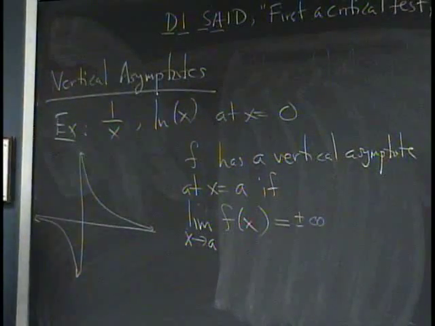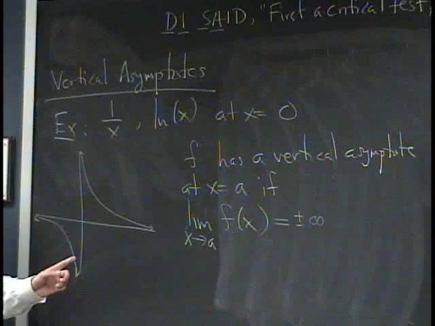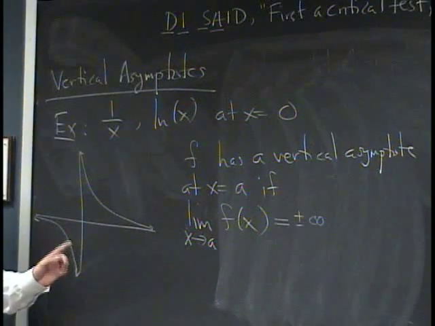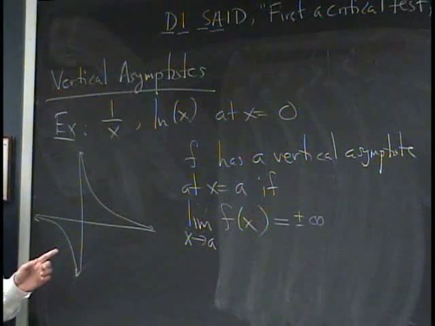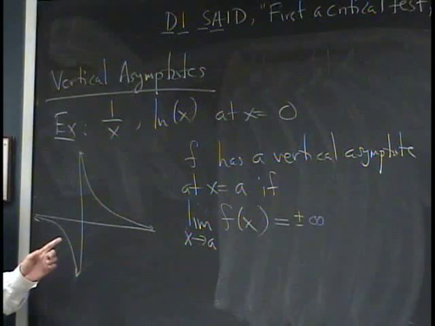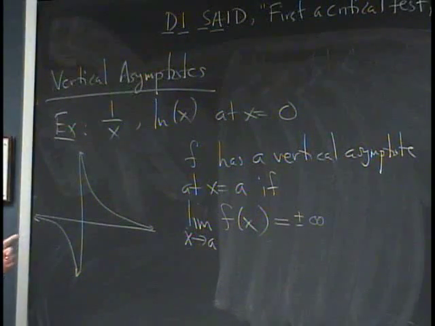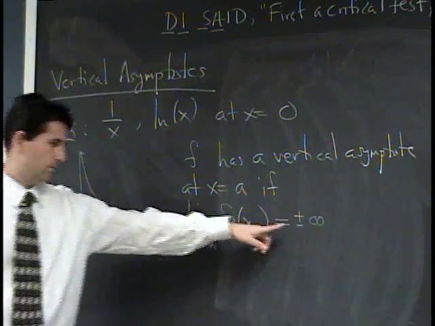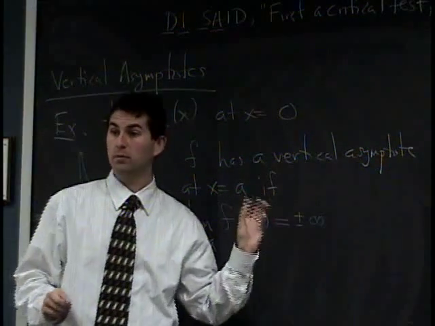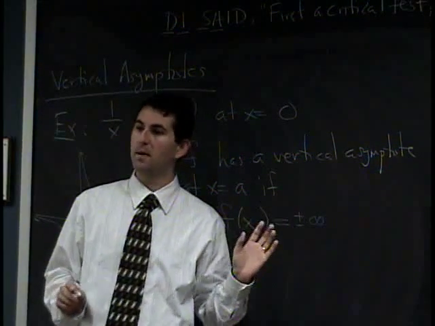Okay, but now this is not quite right. Okay, what's wrong with this? Well, when I say plus or minus, I mean one of the two. Okay, not both at the same time.